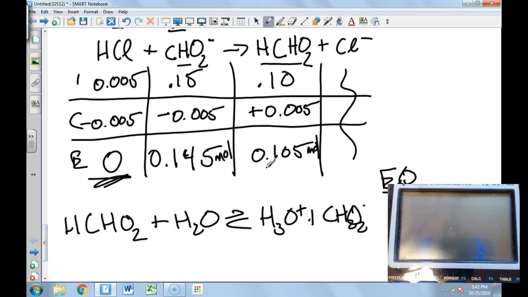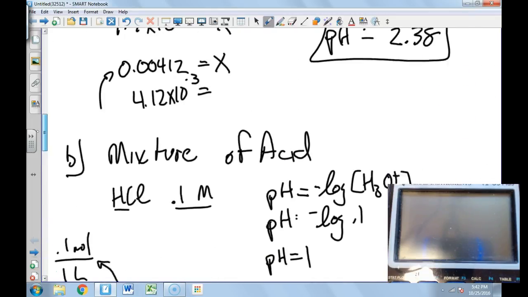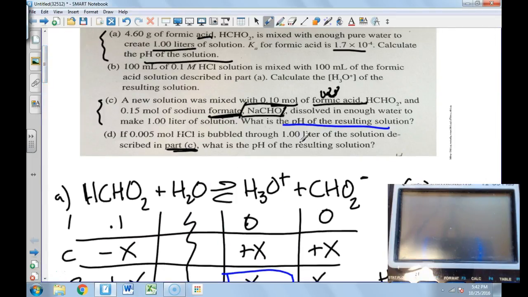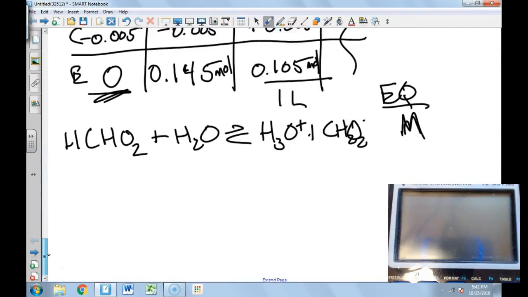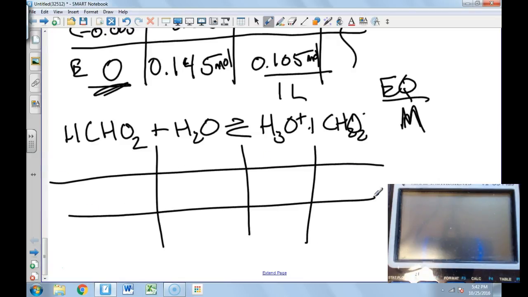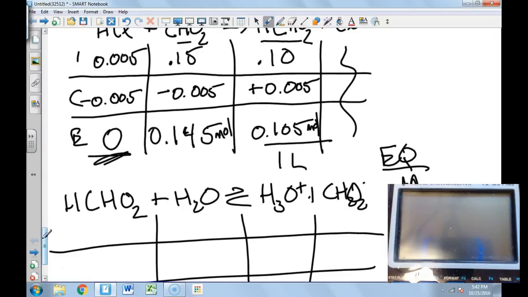Well, it's moles divided by 1 liter. Let's just make sure that that's right. Okay. So bubbled through 1 liter of solution. So the concentration here of formic acid, this one, is 0.105 molar. We don't care about water.